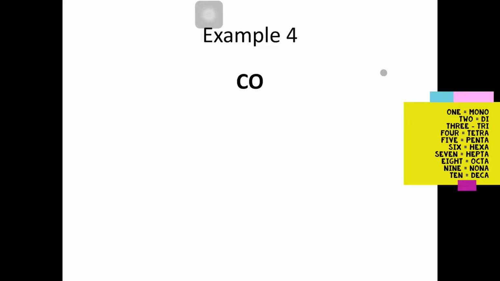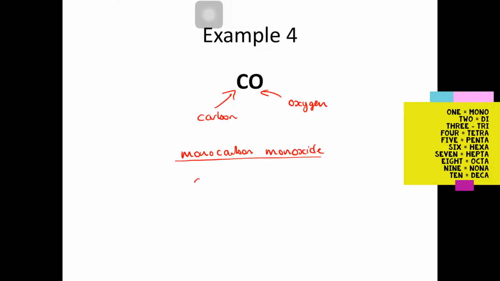All right, CO, excellent. We've sort of already done this one, so let's speed through it. It's carbon, oxygen. So it could be monocarbon monoxide. Now you're right in saying, hey, could this just be called carbon oxide? Yeah, it could be called carbon oxide.